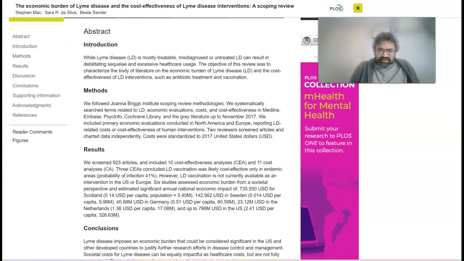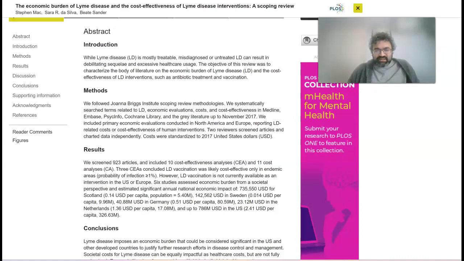So what they found: 6 studies assessed economic burden from a societal perspective. Economic impact, 735,000. And then Scotland has a population of only 5.4 million and about 14 cents per capita.